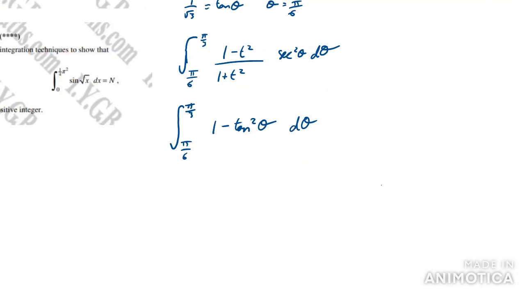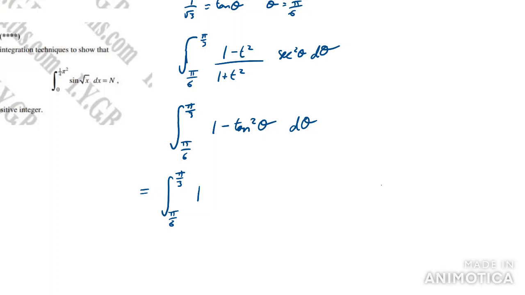Now, tan squared, we don't know how to integrate, but sec squared we do. So let's replace tan squared with sec squared, and this becomes the integral from pi by 6 to pi by 3 of 1 minus tan squared, which is sec squared theta minus 1, so 1 minus (sec squared minus 1).